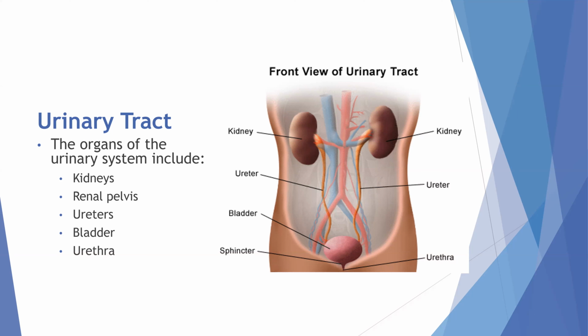You can see it labeled there on this slide. The bladder at the bottom is a balloon-like organ that stores urine before it leaves the body. And the urethra is a tube that carries urine from the bladder outside of the body. All of these parts, the kidneys, the ureters, bladder, and urethra, have to work together to be able to urinate and filter out those waste products normally.